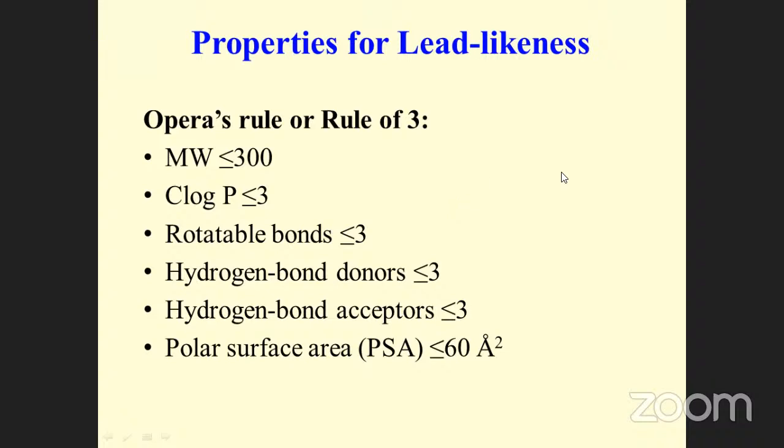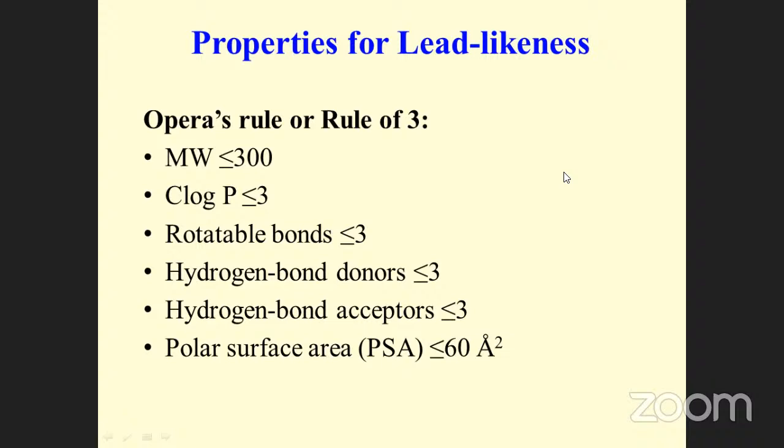This is because lipophilicity is a crucial aspect for drug designing. And in the molecule, there should be an adequate number of rotatable bonds, preferably 3 or less. Hydrogen bond donors and acceptors should be below or equal to 3. And the polar surface area should be close to 60 angstrom units square. Now, all these factors being multiples of 3, that's why it is called Opera's rule of 3.